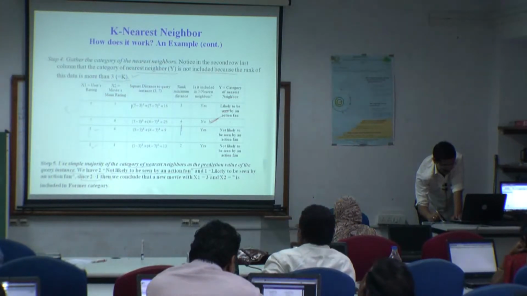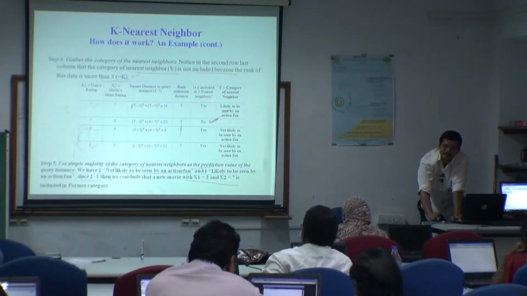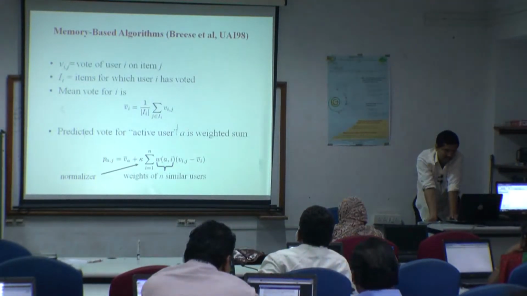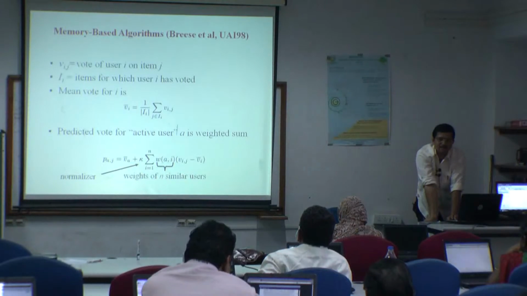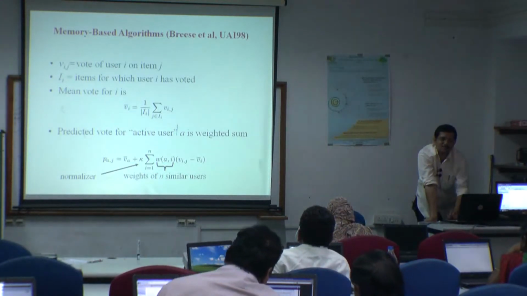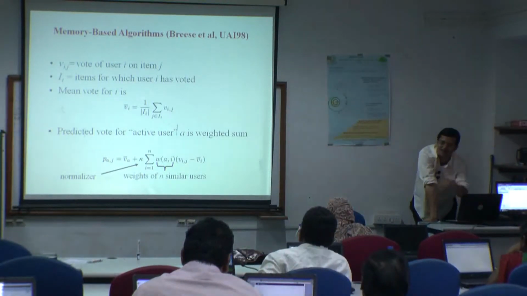So this is the majority case, so we can classify this with that category, and based on that we can identify the item similarity. So this is the extension of the use of the nearest neighbor based concept for collaborative filtering.